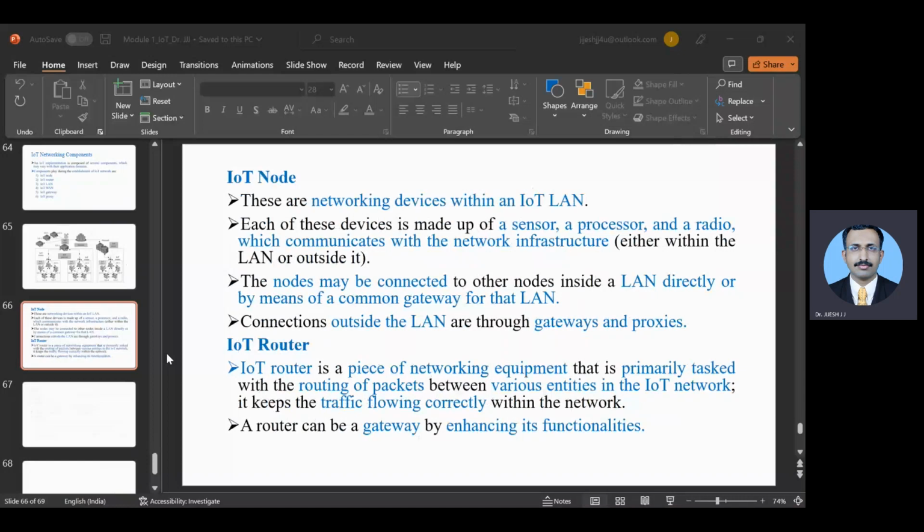I have shown you the LAN cables also, no? So IoT LAN basically will be within an organization and makes sure that the devices are all connected to each other, with the help of the internet, or maybe not connected with the help of the internet.